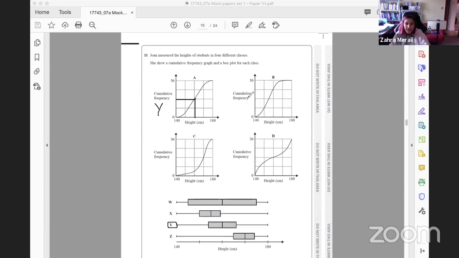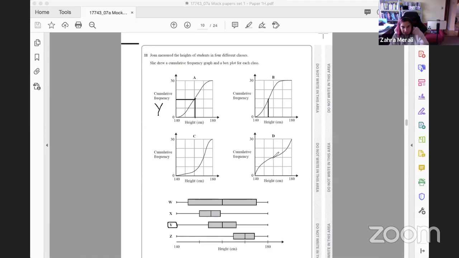Right, for B, if we take our median, we can see that the median for B is over here. So we're going to try to compare the other medians to see where they are. So this one is to the left, so it's nearer 140.